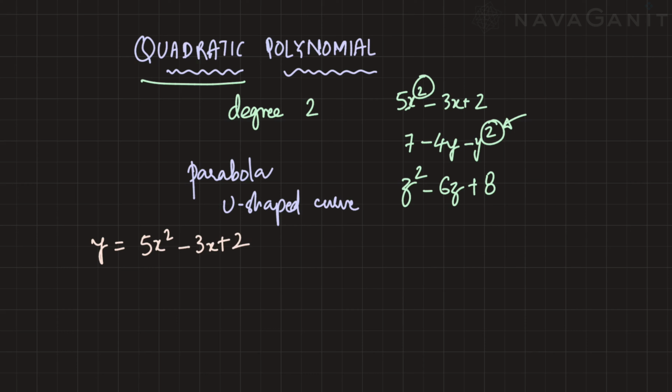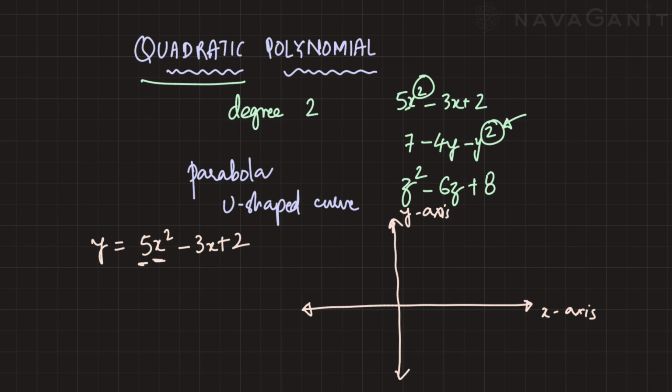First of all, this graph opens upwards because the coefficient of x squared, which is 5, is positive. You will understand in detail in the later lessons. So this is the x-axis and this is the y-axis, and the plot of y equal to 5x squared minus 3x plus 2 will be something like this.